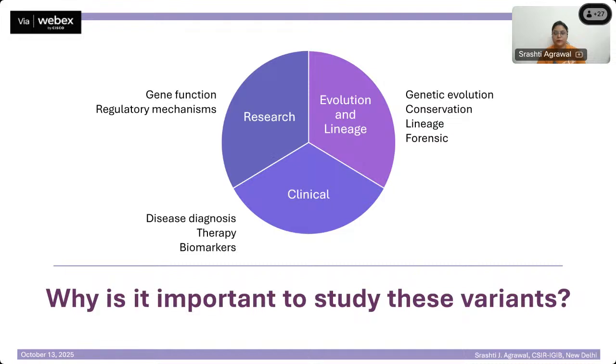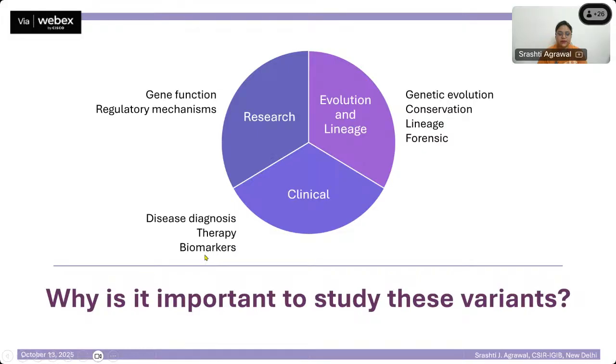And also, they are important in forensic science because, for example, DNA fingerprinting is a technique which is possible only because there are genetic variations present in each of us. Now, from a clinical perspective, since there are many genetic variations which can lead to diseases, these variations can give us insights into disease diagnosis or therapy, or maybe these variations can act as biomarkers.